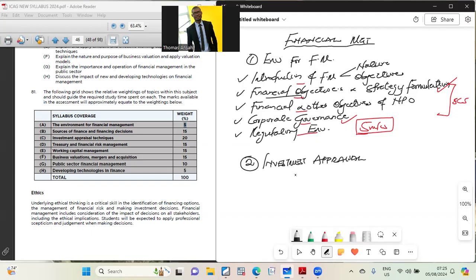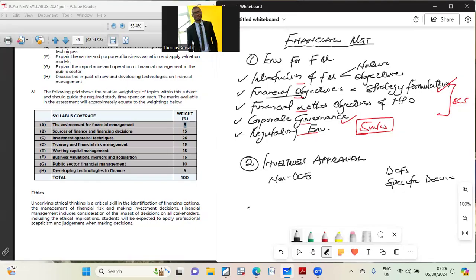We will talk about the DCFs and non-DCFs, that is, discounting cash flows and non-discounting cash flows. Then we will go further to talk about specific decisions like lease or buy, and replacement. Some of these things you will also do in management accounting, where they call it long-term decision making. So you go through that.